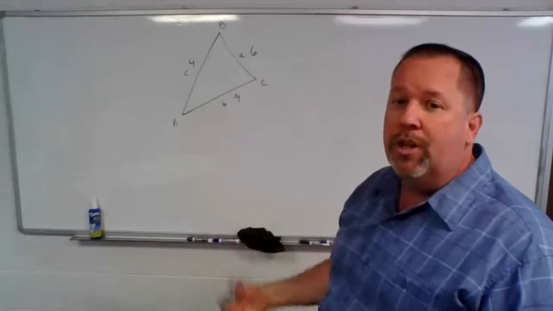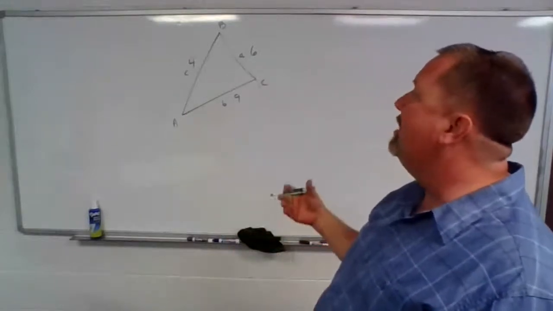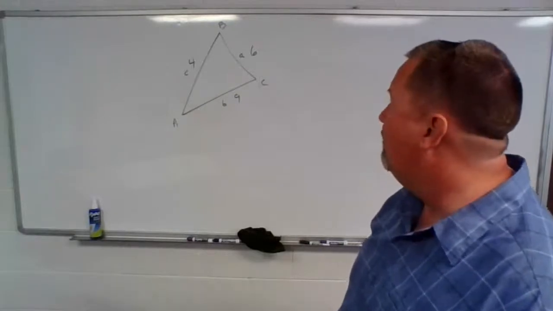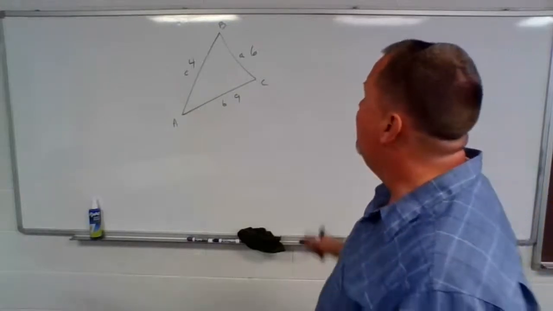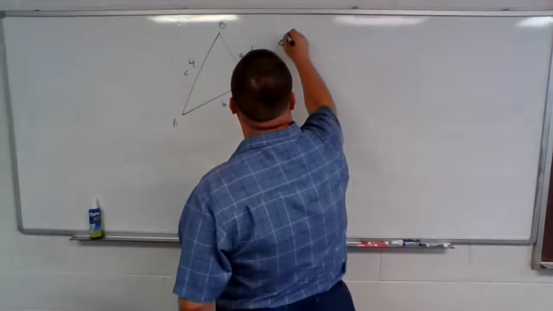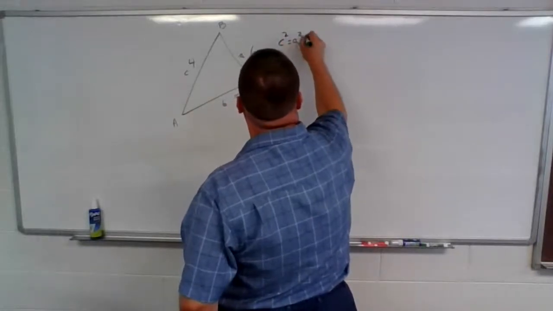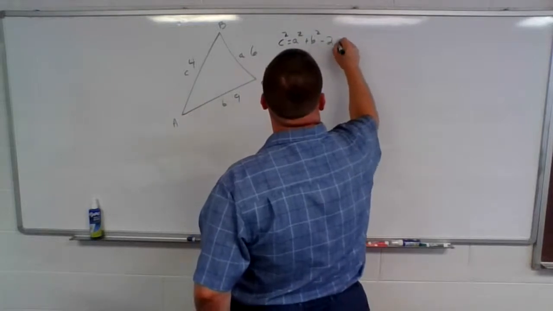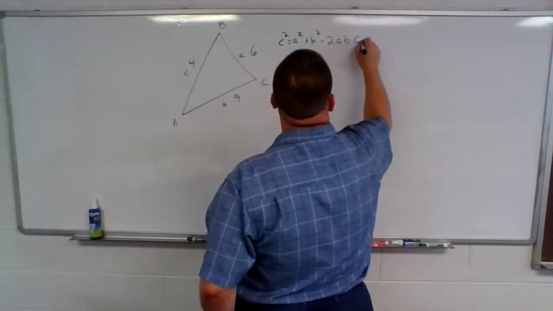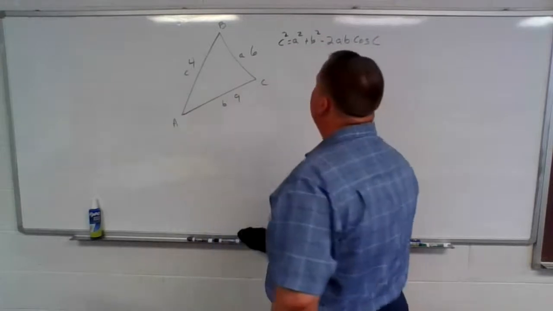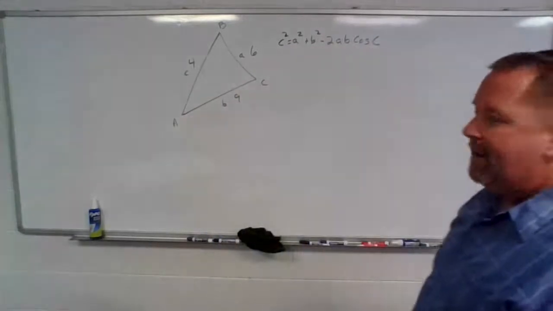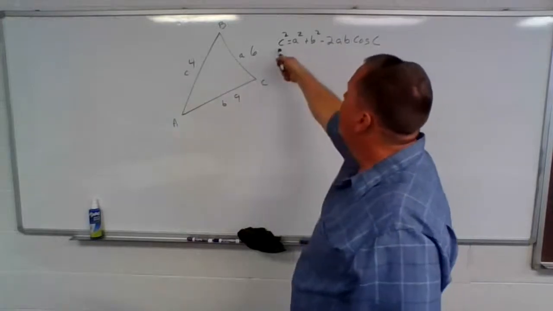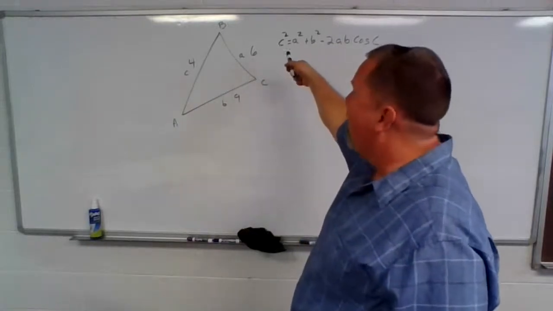So let's use the law of cosines and see if we can come up with at least one of these angles. We have no information on angles right now. And remember, the law of cosines, C squared equals a squared plus b squared minus 2ab cosine C. And in this case, even though it's set up like this, C is not the value we're solving for.